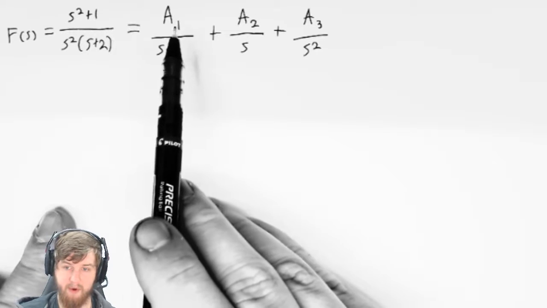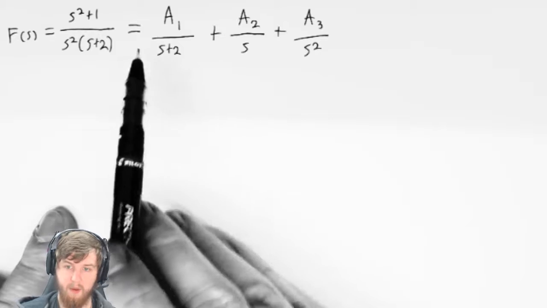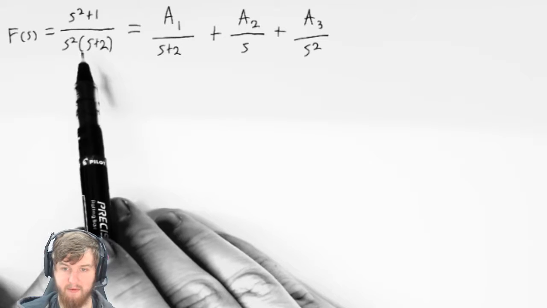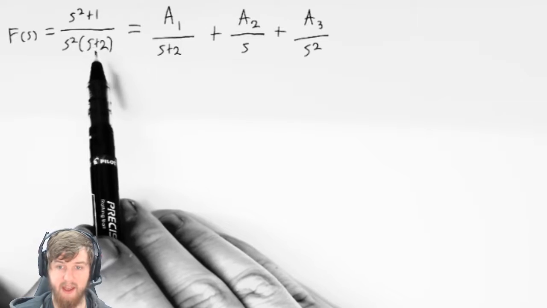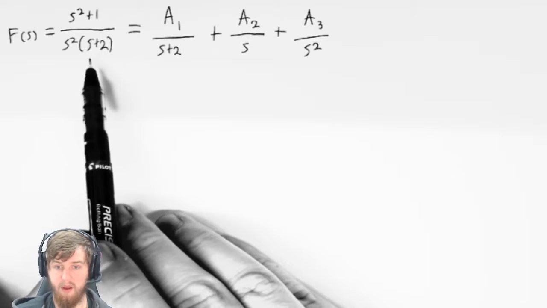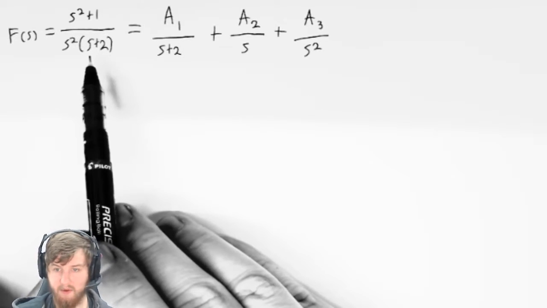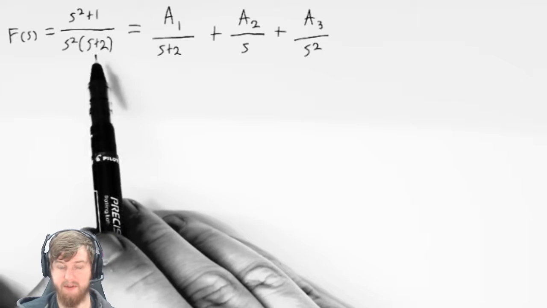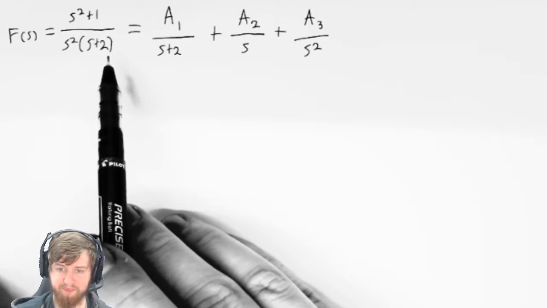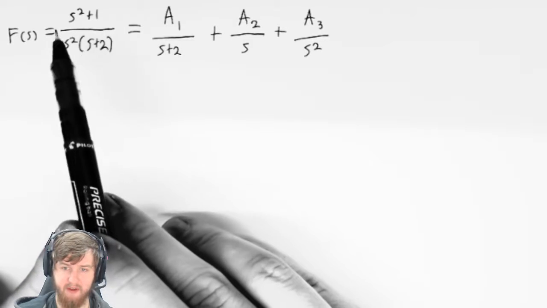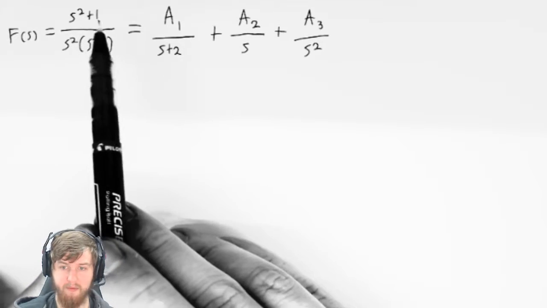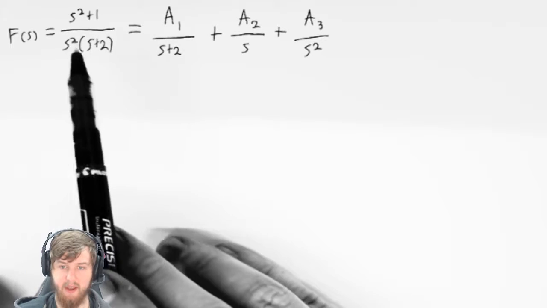For example, if we want to find a1, we can cover up the s plus 2 on the denominator, and then we set s equal to the corresponding root. The corresponding root for s plus 2 is negative 2. So if we cover up s plus 2, and then we set all the other s's equal to negative 2, that gives us a1.